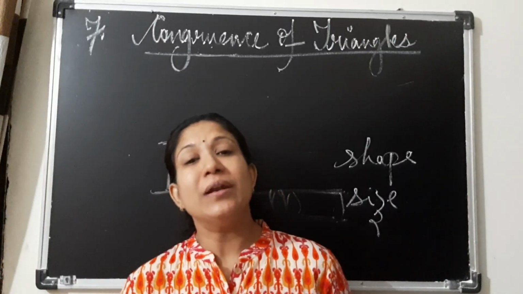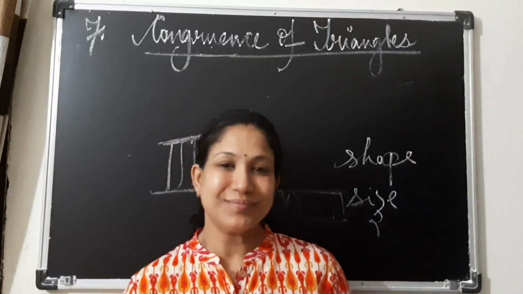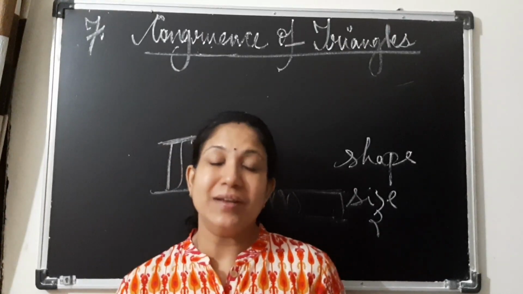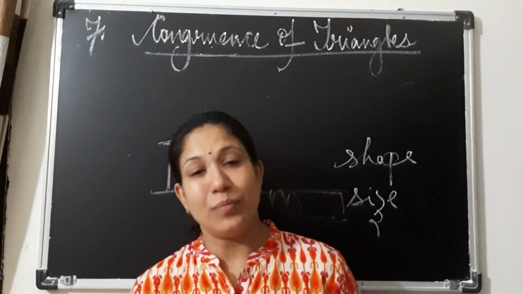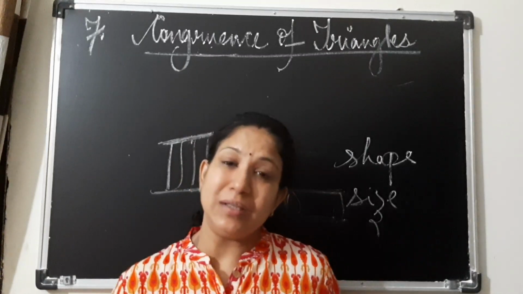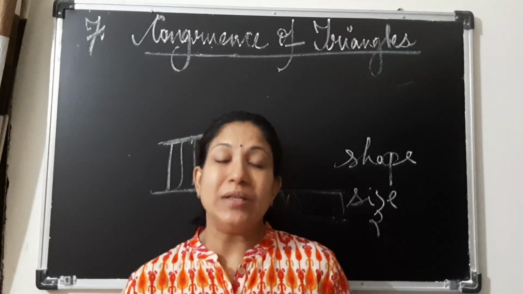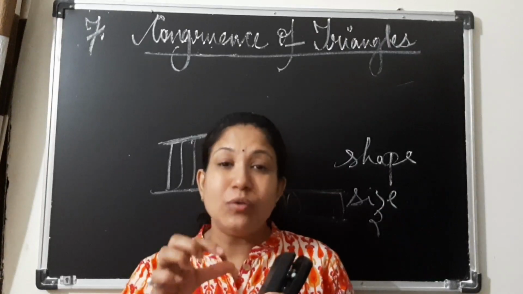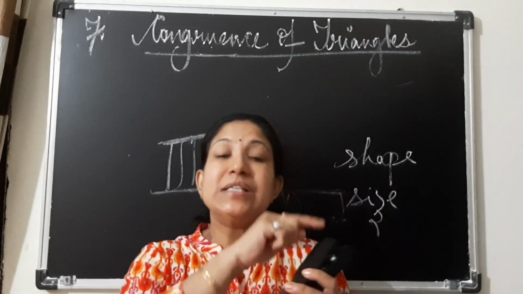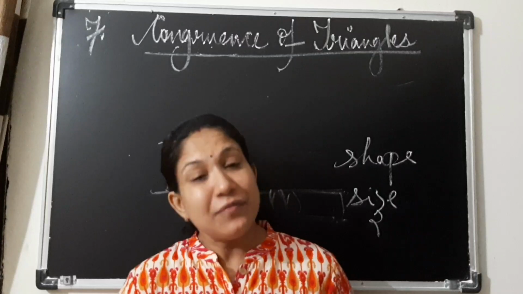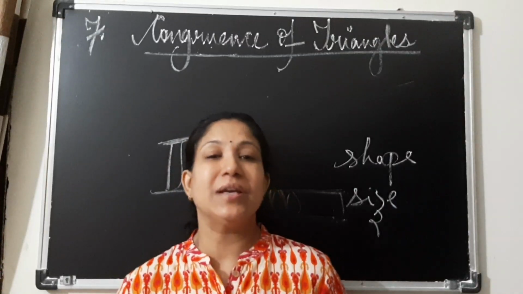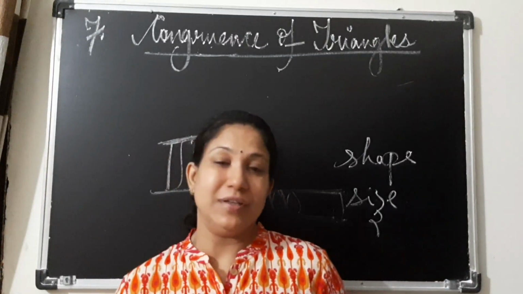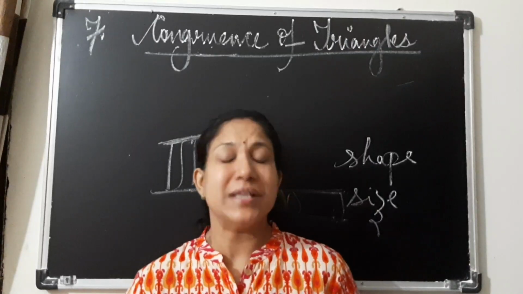That means you can take a trace copy of one object and place it over the other, and then you see whether the trace copy is completely over it. If it is, in that case you can say the two objects or plane figures are congruent. This is the second way.